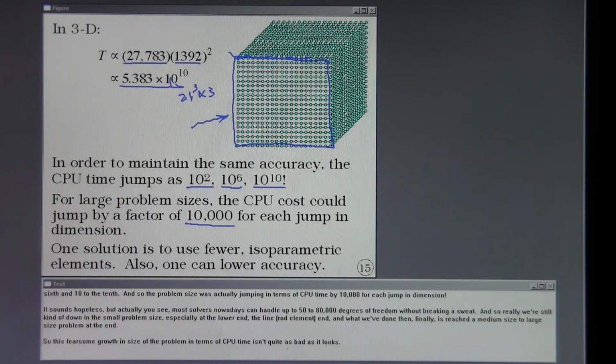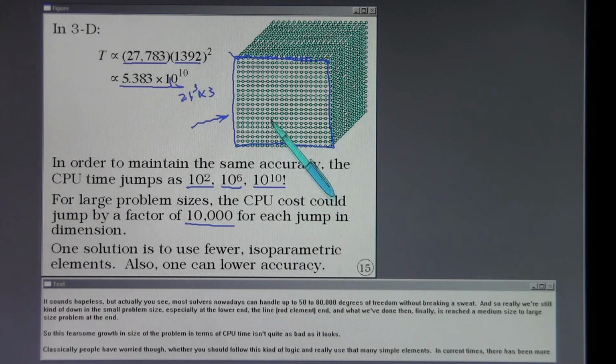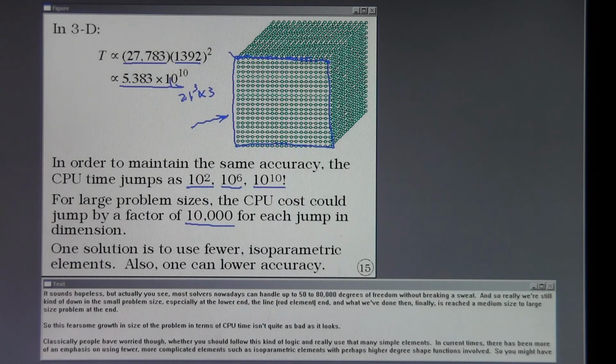And so really we're still kind of down in the small problem size, especially at the lower end, the line end. And what we've done then finally is reached a medium size to large size problem at the end. So this fearsome growth in size of the problem in terms of CPU time isn't quite as bad as it looks.